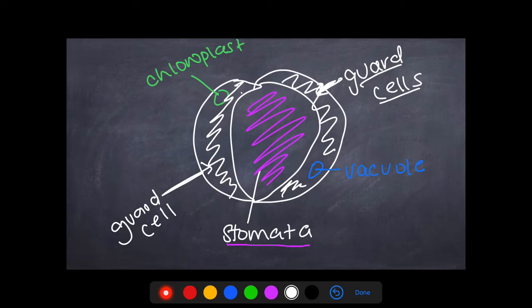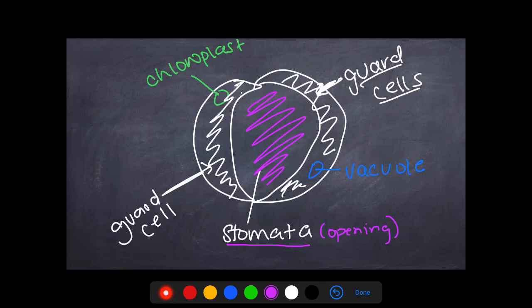So when the guard cells sense the temperature is getting really hot, they will tighten up, and they will close the stomata, which is the opening. The guard cells will close the stomata and prevent any water from leaving. Now, this also means there's no gas exchange happening and no water exchange happening either.